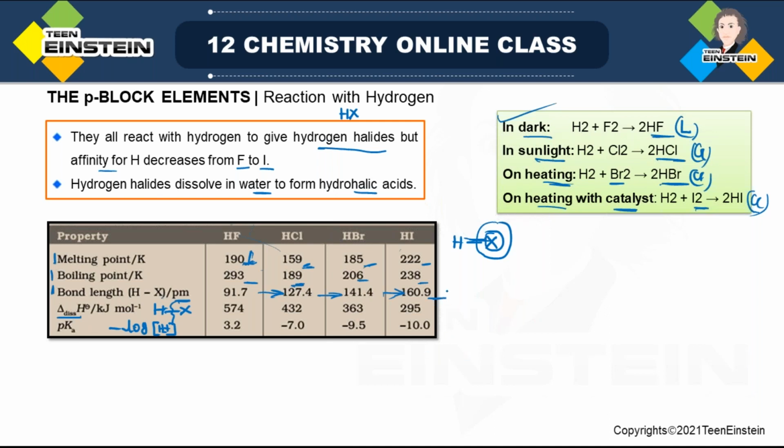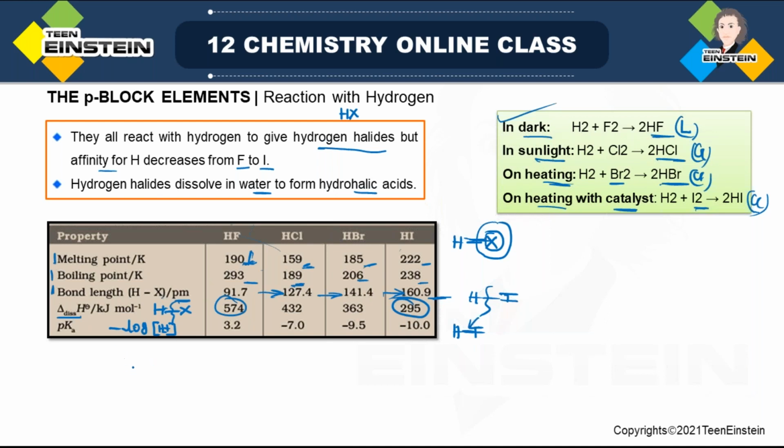Now, as bond length is maximum, you can easily break the HI bond. It is not very difficult, because the bond length is very high. So that is the reason the enthalpy of dissociation value for HI is minimum and the maximum is for HF, because here the bond distance between H and F is very small. So to break this bond is not so easy. That is why this order.